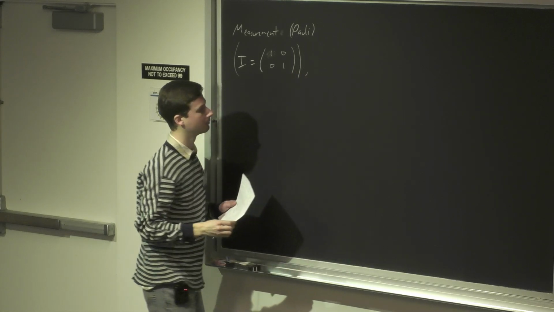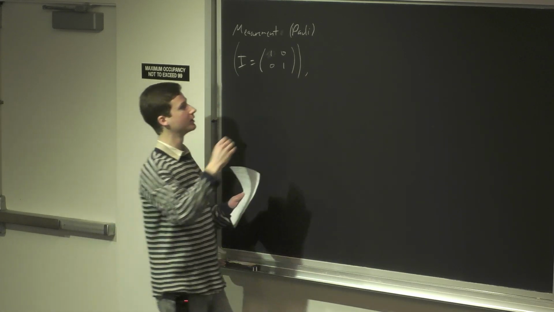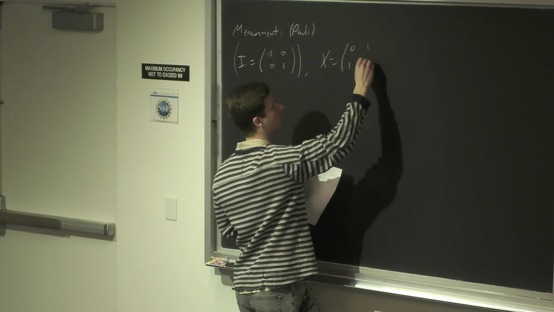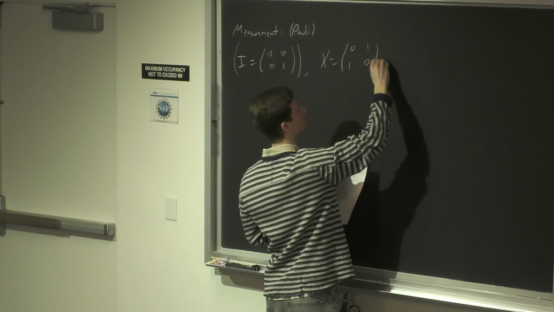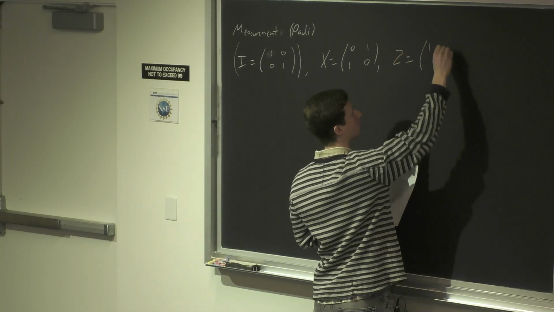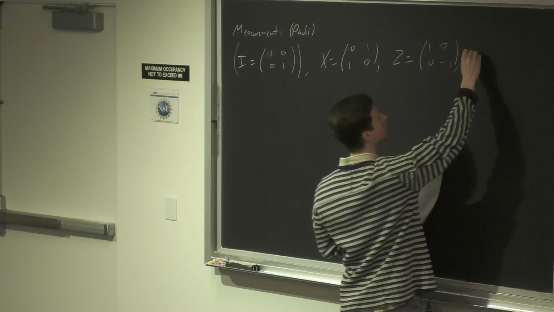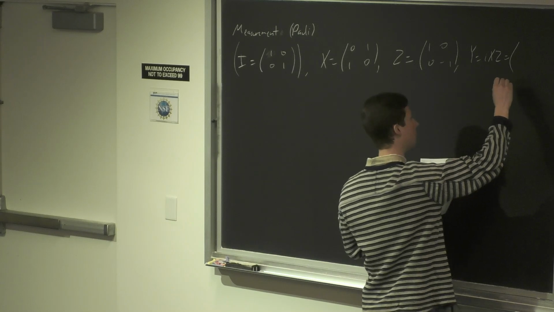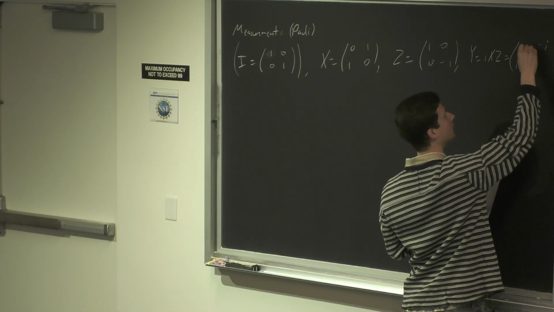And then we have 3 2x2 matrices called Pauli matrices, which are X, which is 0, 1, 1, 0. Z is 1, 0, 0, negative 1. And Y is i times X times Z, which is 0, negative i, i, 0.